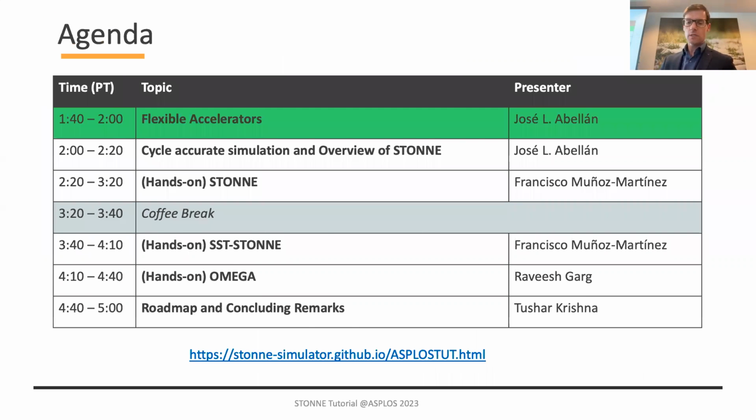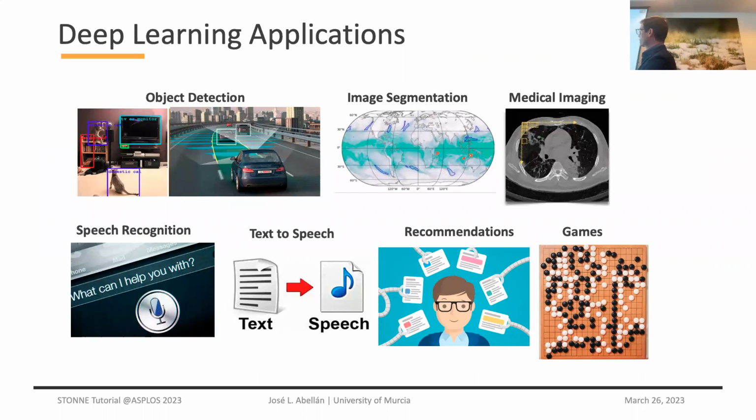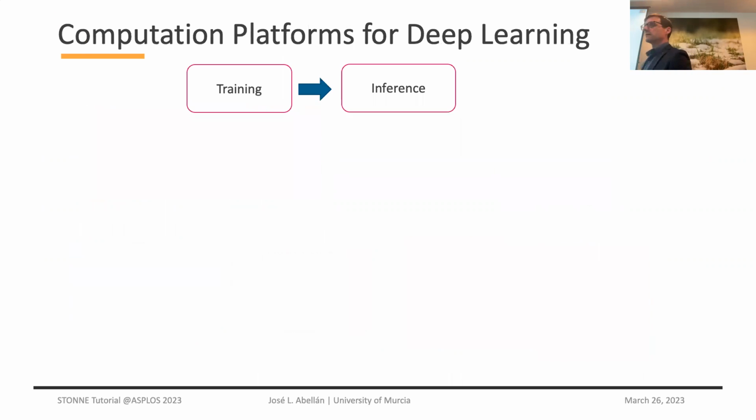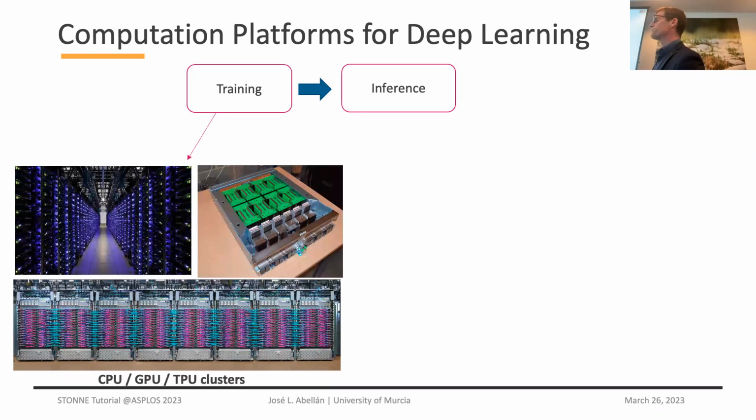So let's get started. First of all, everybody knows deep learning applications are everywhere, from object recognition to image processing, etc. These workloads need to be run in two different stages, although there is some mix of them. In general, we typically have a first stage, which is the training process, which happens in very large clusters composed of CPUs, GPUs, TPUs, or other kinds of accelerators.